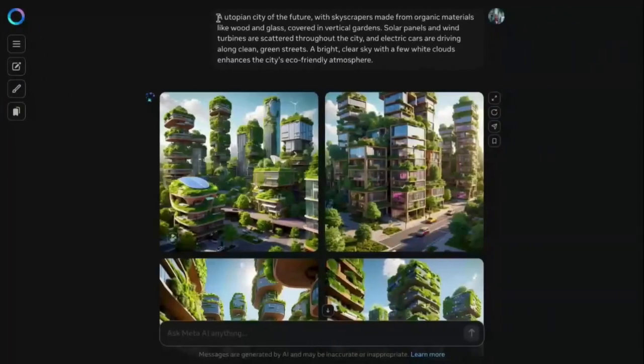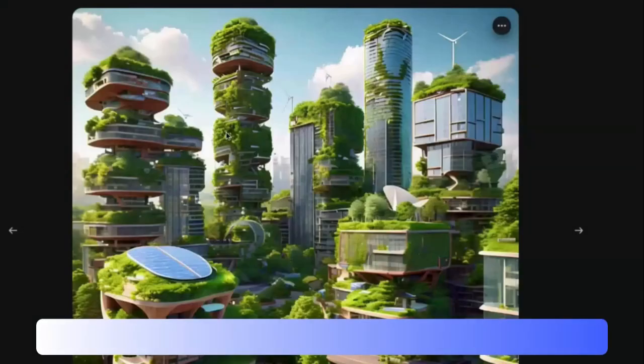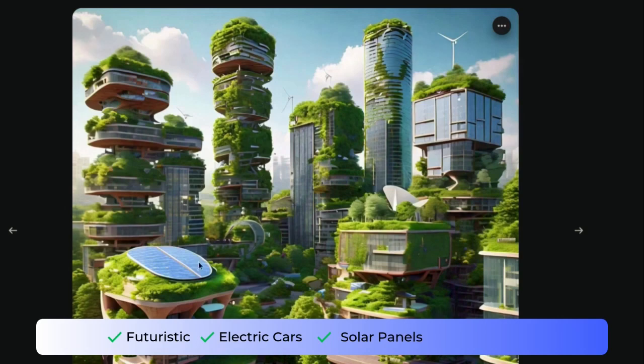I inputted the first prompt on meta.ai, and meta.ai generated 4 different images. And to be really sincere, these generations are very unrealistic. It looks like a really vast Ethiopian city. You could see wind turbines here and there, solar panels right here.